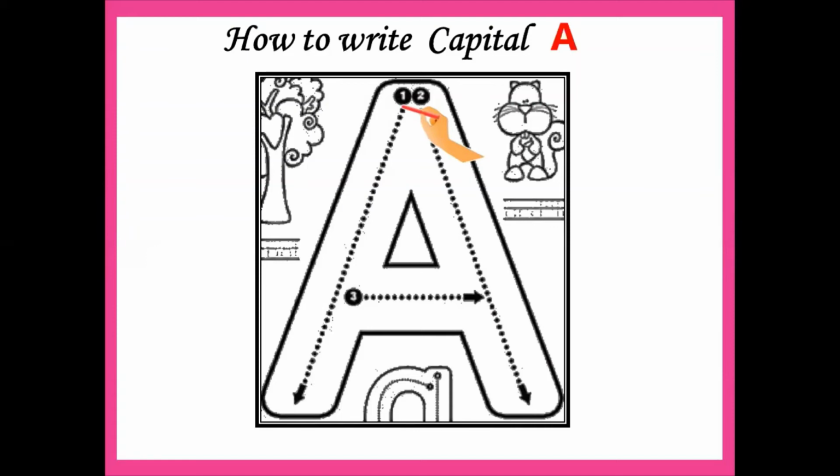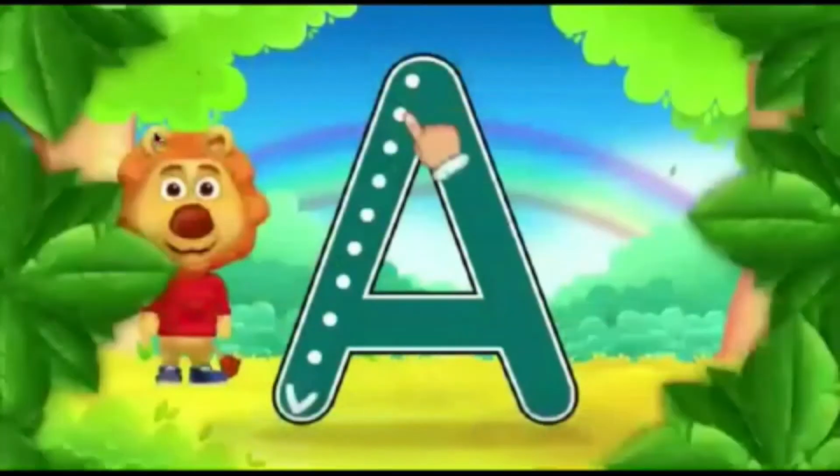Come down in a slanting way towards right and stop. Again, start from the dot, slant down towards left and stop. Then we'll make 1 sleeping line in between, okay? A.